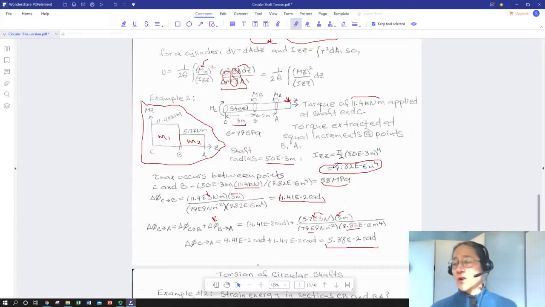So that's a great example of how we would use a stepwise integral to denote what's happening over different regions where things are the same within a given region.